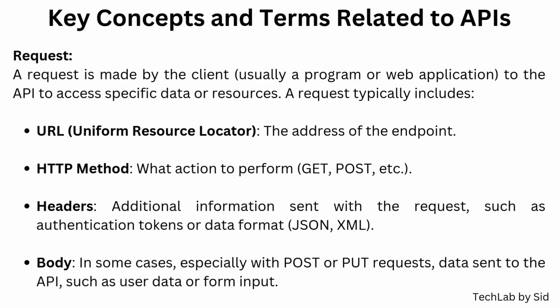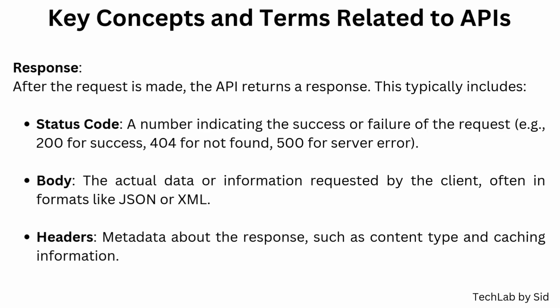A request typically includes: URL or Uniform Resource Locator, the address of the endpoint; HTTP method, what action to perform, GET, POST, etc.; Headers, additional information sent with the request, such as authentication tokens or data format, JSON, XML; Body, in some cases, especially with POST or PUT requests, data sent to the API, such as user data or form input.